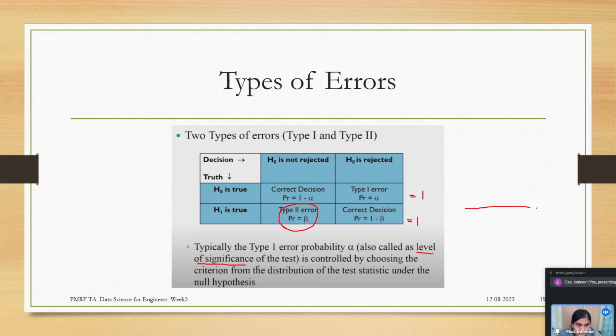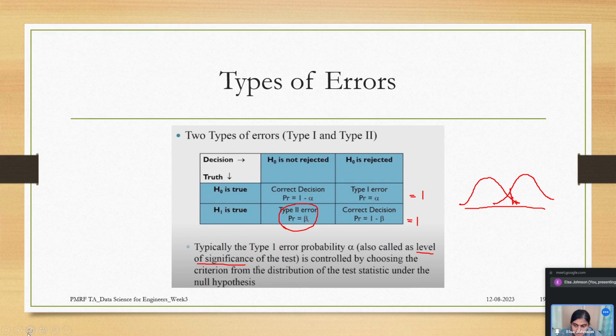It shows the null hypothesis and the alternate hypothesis, and when you select a particular threshold, this portion denotes your alpha, and this portion denotes the beta.